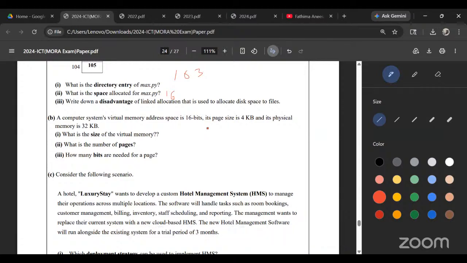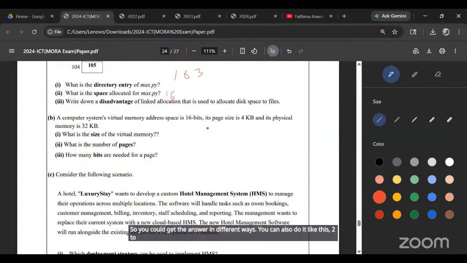So you could get the answer in different ways. You can also do it like this. 2 to the power 16 bytes equals 64 KB.